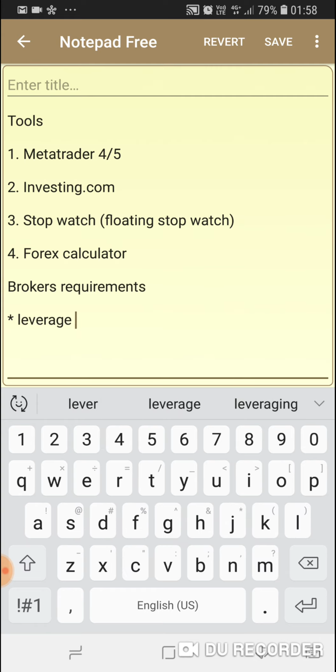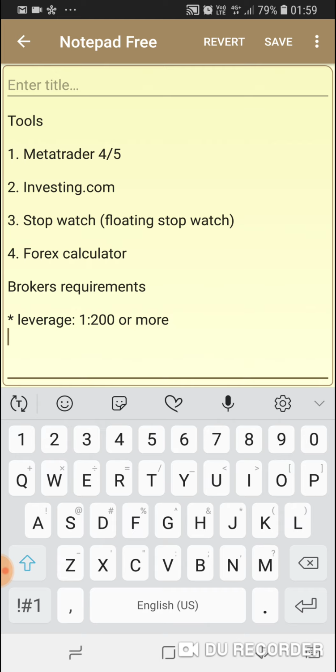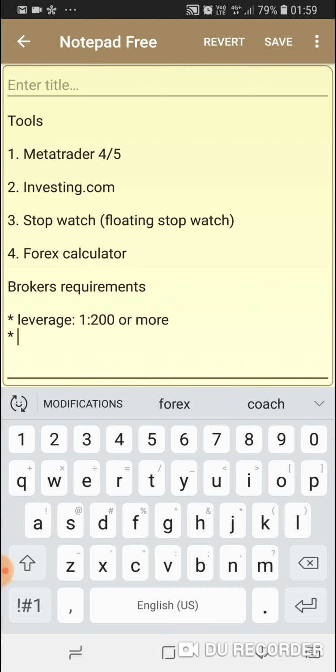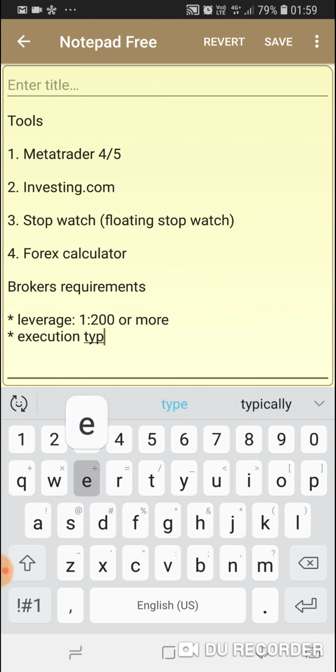The leverage. When you're looking for a broker for this strategy, the leverage needs to be 1:200 or more. Meaning that you should look for a broker which is on a leverage of 1:200 or more. The second step, we are looking for the execution type.